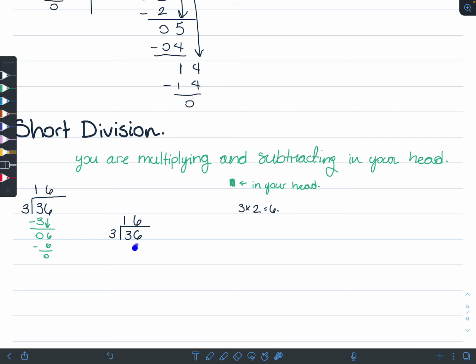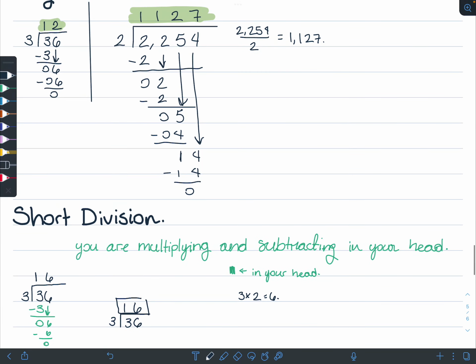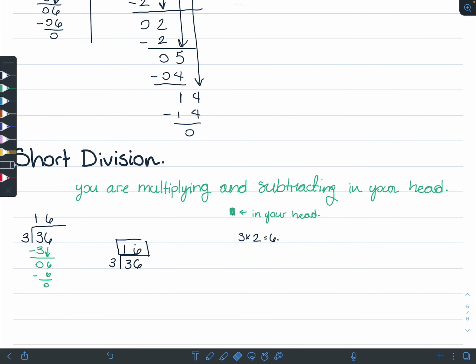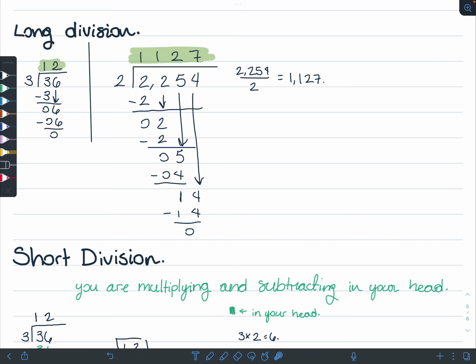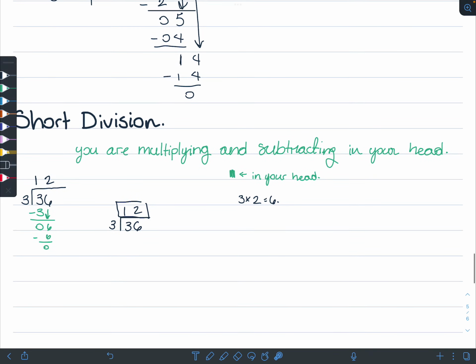Just write that down. 6 minus 6, that's just 0. And I'm done. Much quicker than the long division of the first example.